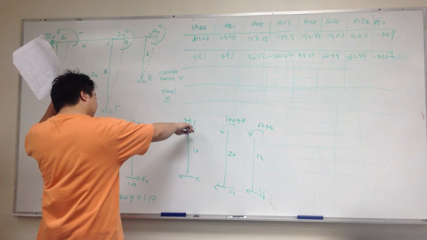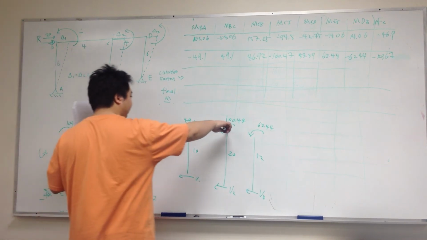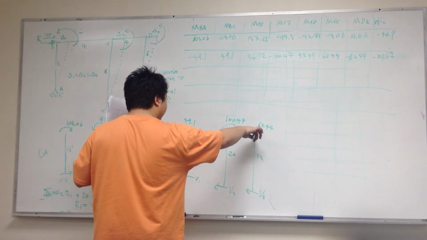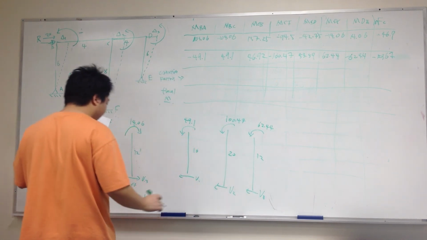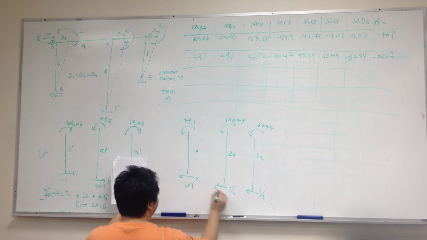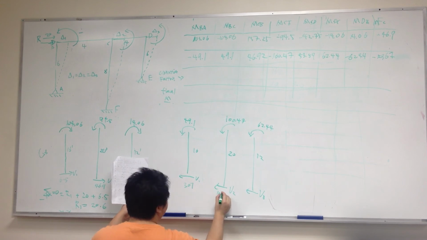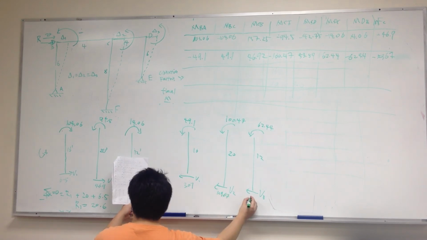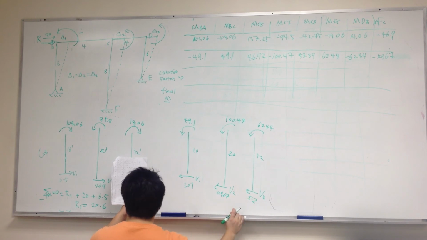So you sum up the moment at this point, you can find this. You sum up the moment at this point, you can find this. You sum up the moment at this point, you can find this. So it's going to be 3.07, 129.67, 5.2.